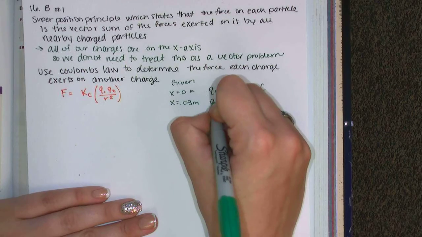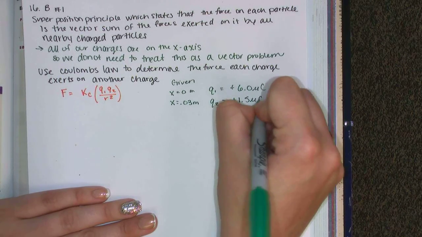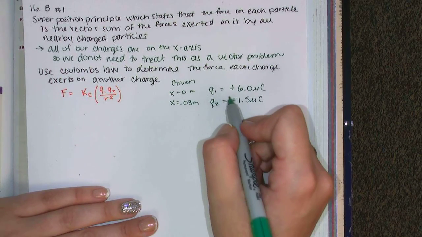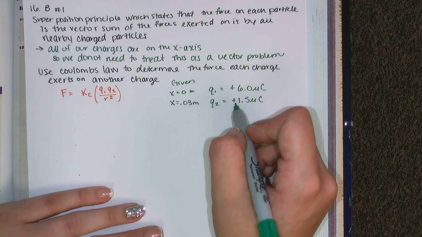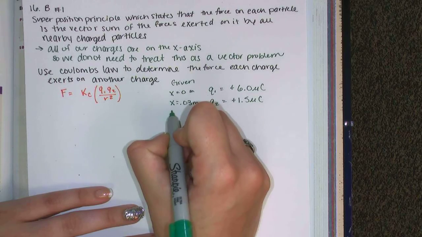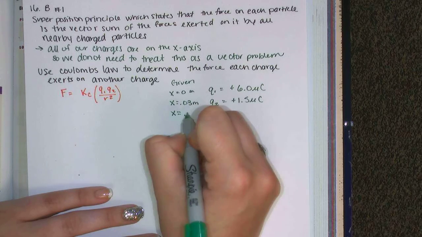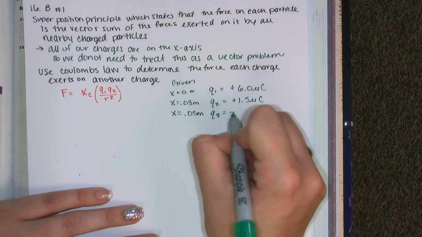Let's see, Q2 is plus 1.5 microcoulombs. Okay, and the signs, I don't know if I pointed this out, but this is direction. So the signs, I mean, they're relevant, but they're not actually relevant when you put them in the problem. And then X is 0.05 meters. Q3 is minus 2.0 microcoulombs.